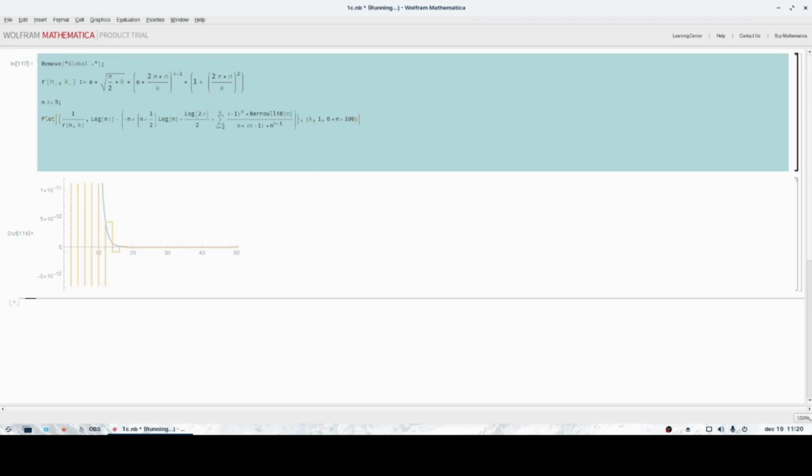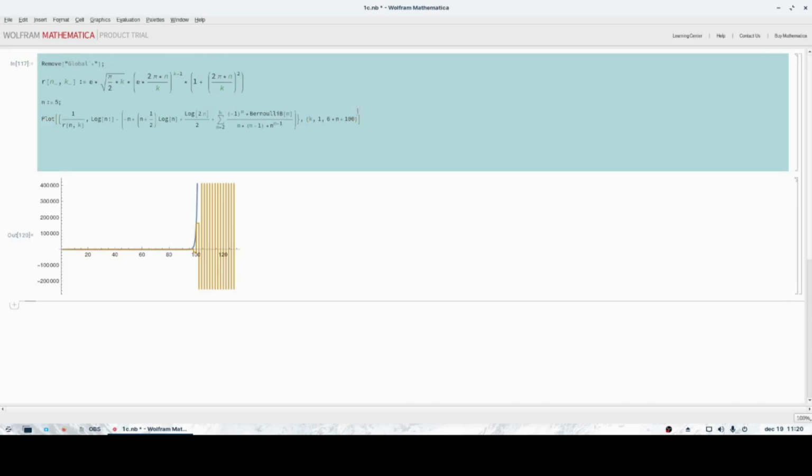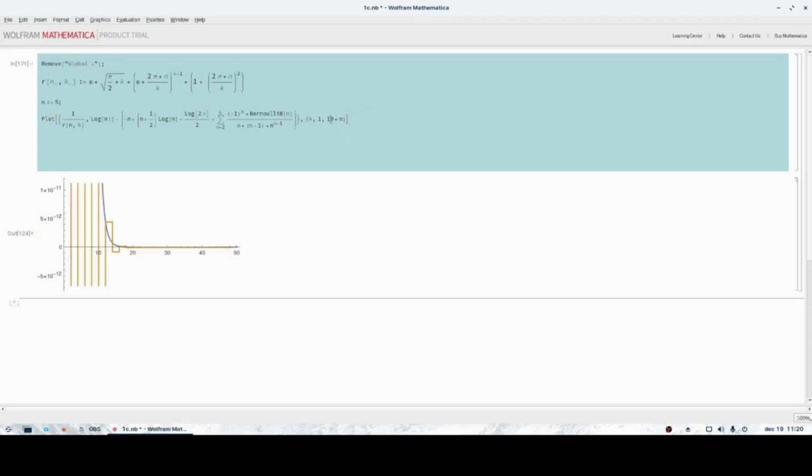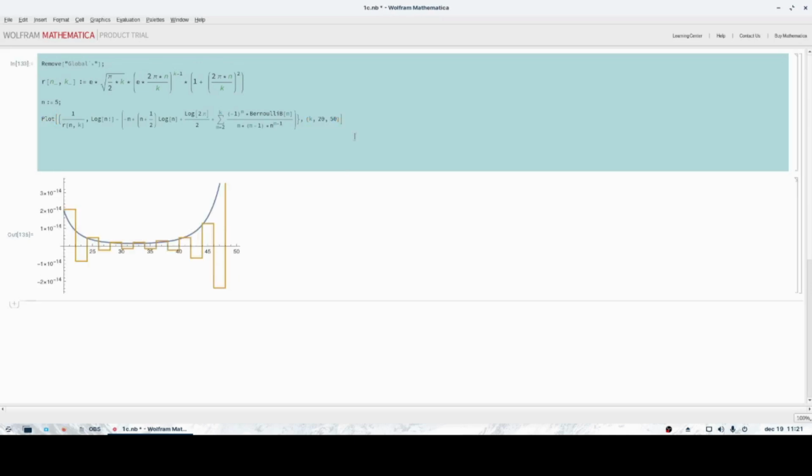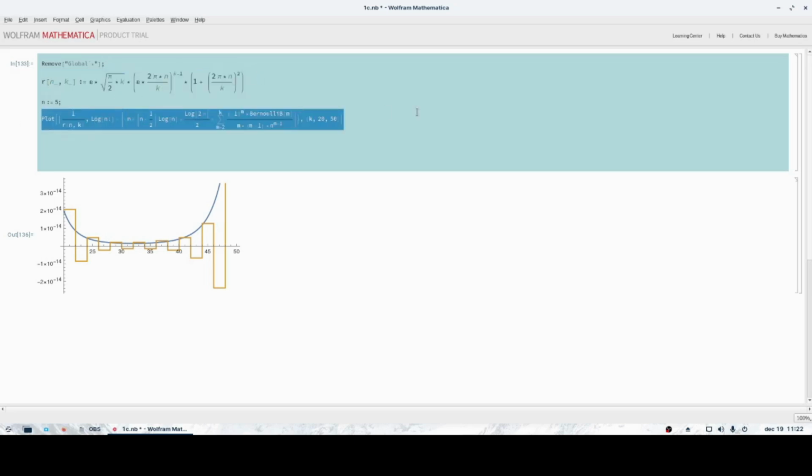Maybe if I put 10 times n or 15 times n, okay, you are free to test it and understand better the behavior of this remainder term function. You can analyze it freely.